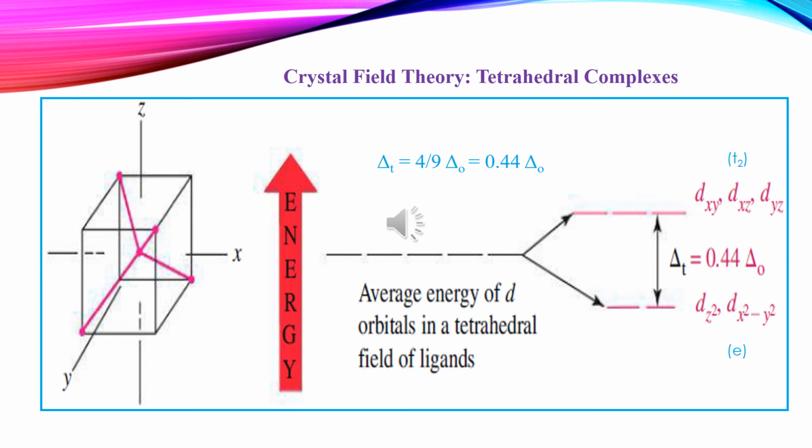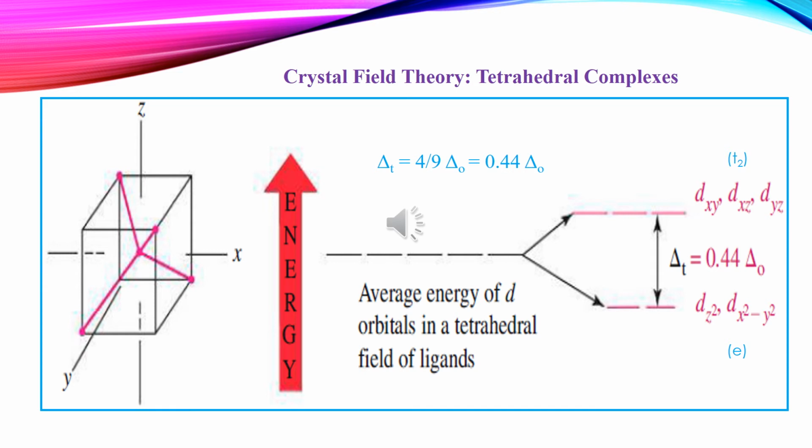To understand the splitting of d orbitals in a tetrahedral crystal field, imagine four ligands lying at the alternating corners of a cube to form a tetrahedral geometry. The dx squared minus y squared and dz squared orbitals on the metal ion at the center of the cube lie between the ligands, and the dxy, dxz and dyz orbitals point towards the ligands.